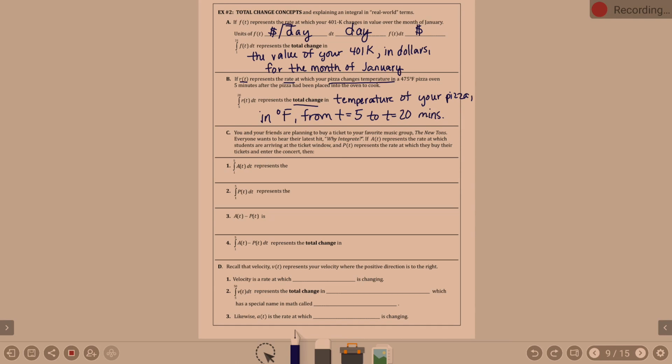Did you get the Newtons? Yeah. Okay. Anyways, so example 1. The integral from 1 to 5 of A of T dt represents the what?